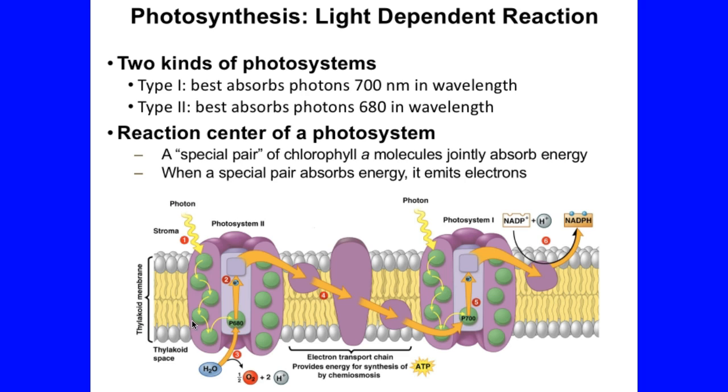So that was photosystem 2. Photosystem 1 works very similarly, where you still have photons coming in. That light energy is passed on through the light harvesting complex. Once again, the electron that got shot up and made its way down the electron transport chain is now waiting right here where it says P700.